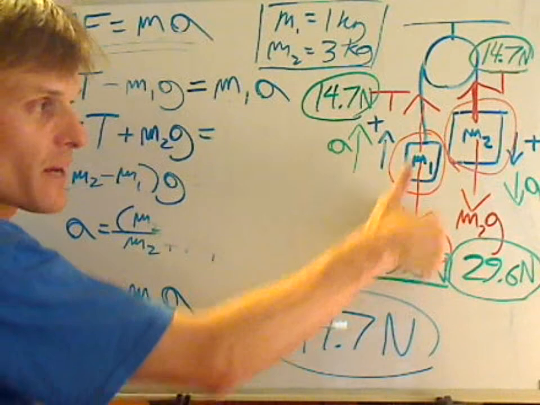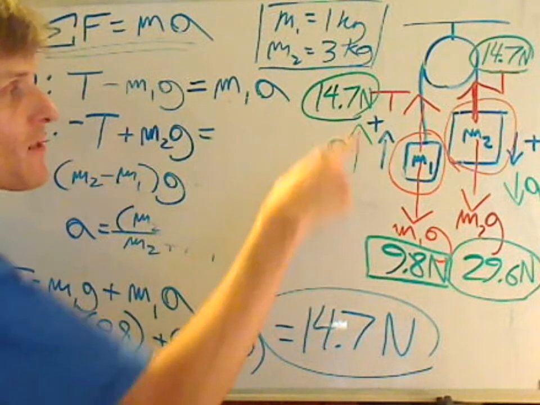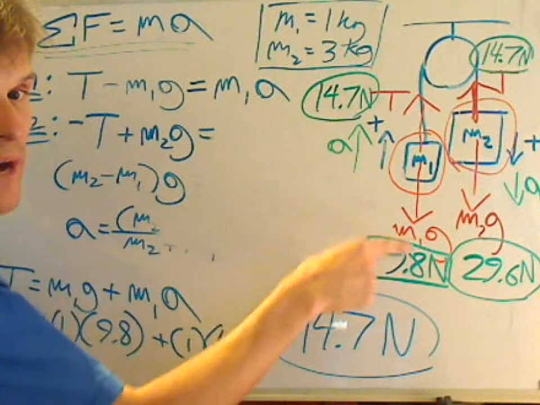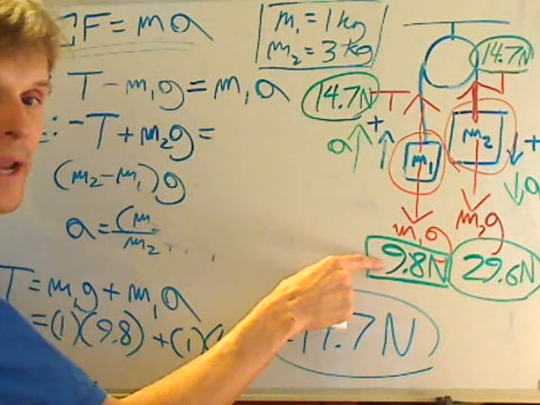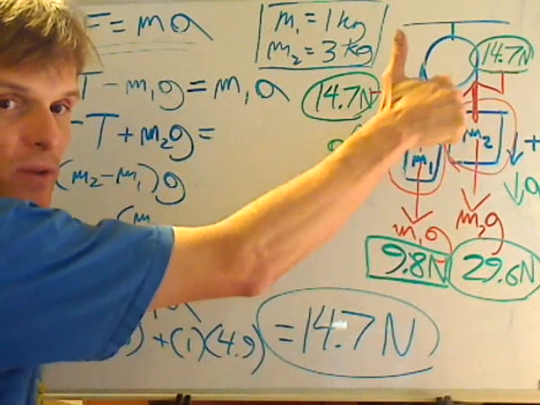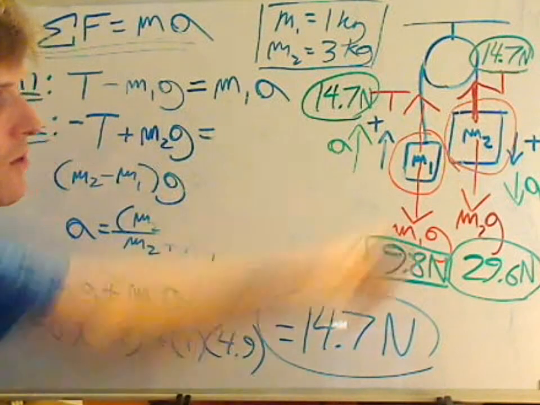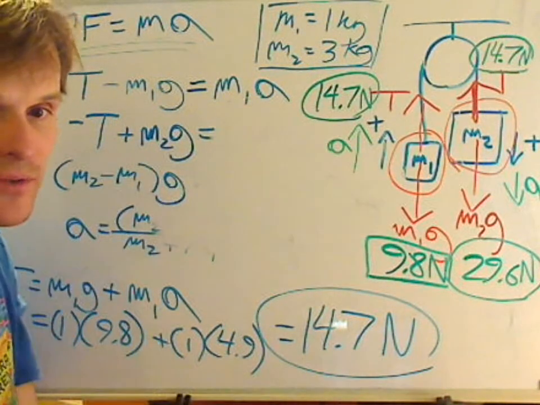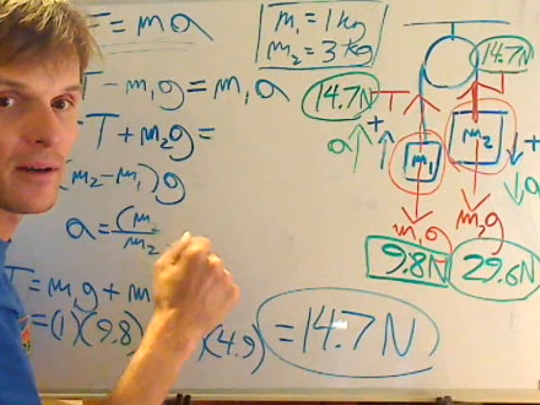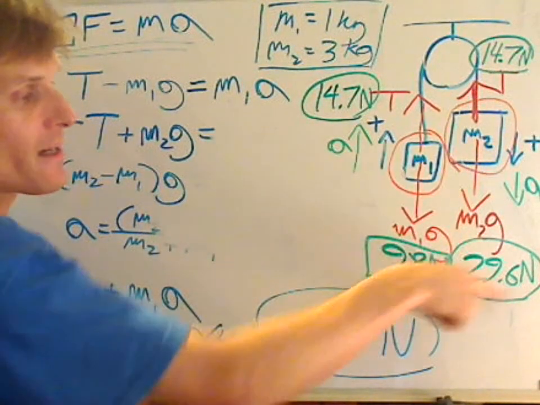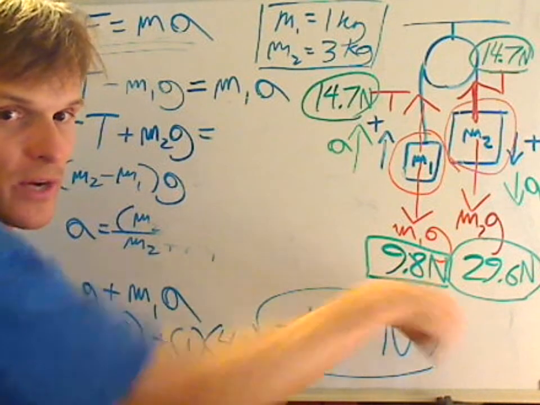We have an acceleration upward for M1, and the reason that happens is because the tension is greater than the weight. So the tension is overwhelming the weight here, and we're getting an upward acceleration for M1. Now for M2, we have a weight of 29.4 newtons downward, and a tension of 14.7 newtons upward. So again, the weight is overwhelming the tension, and we're having a downward acceleration for this guy.